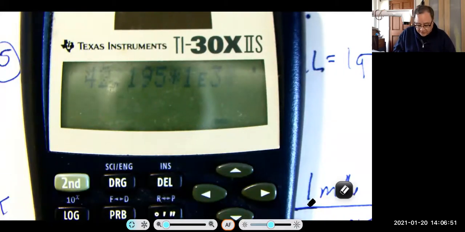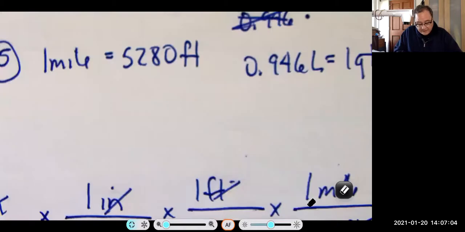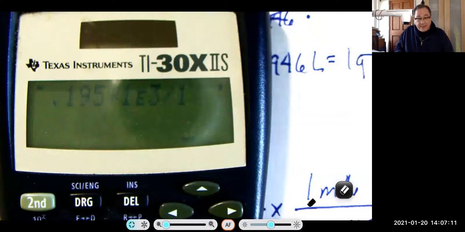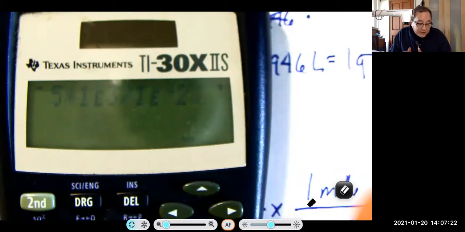That's 1 times 10 to the third. And then I have times 1 times 1 times 1 times 1 times 1. I'm not going to put those in because I know it will not affect the answer. Now I'm going to put divided by 1. Whoops, sorry about that. So I have divided by 1 second EE negative 2. And this is where people make a mistake using this method.